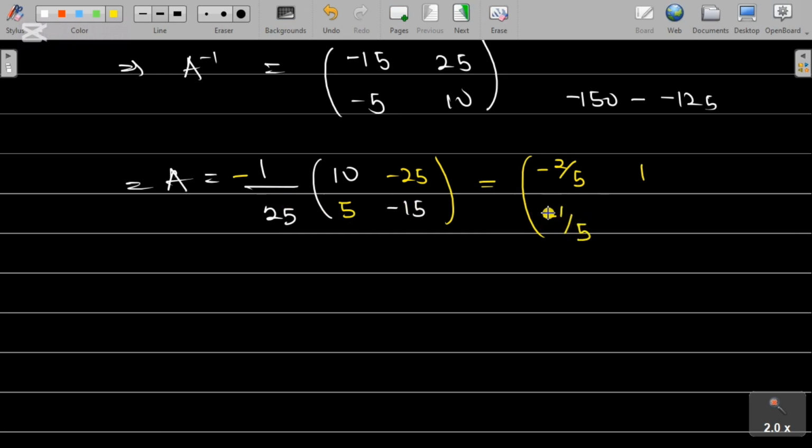And finally, this one will give you 15 over 25, which is 3 over 5 if you reduce it to the lowest term, and that is the value of matrix A.